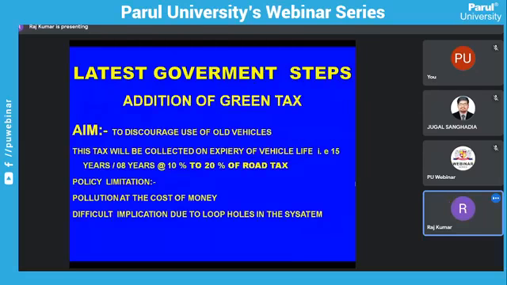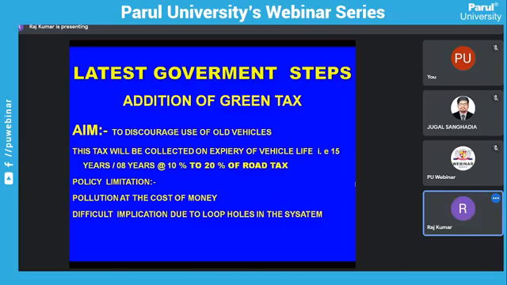To discourage the use of old vehicles that are older than 15 years, or 9 years, the government has added one more tax apart from the road tax and registration fees, called green tax.